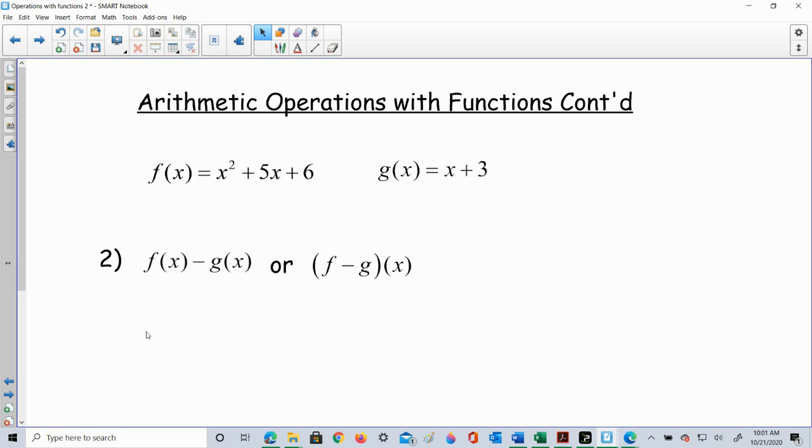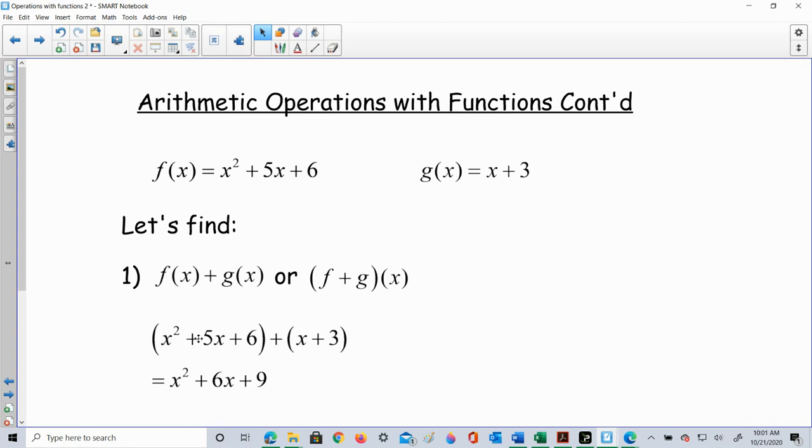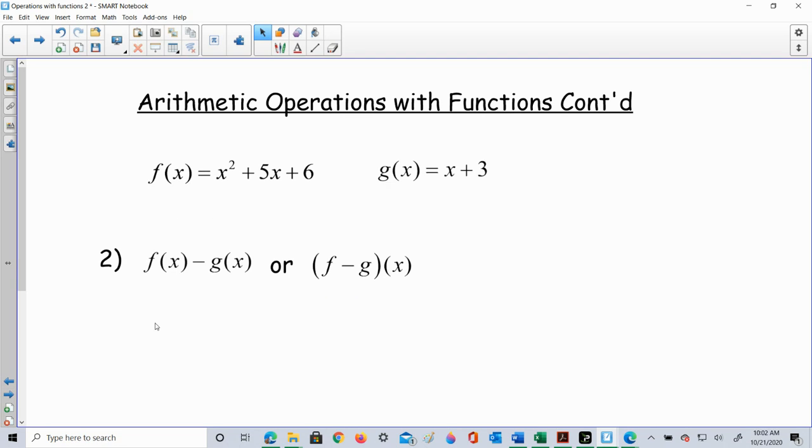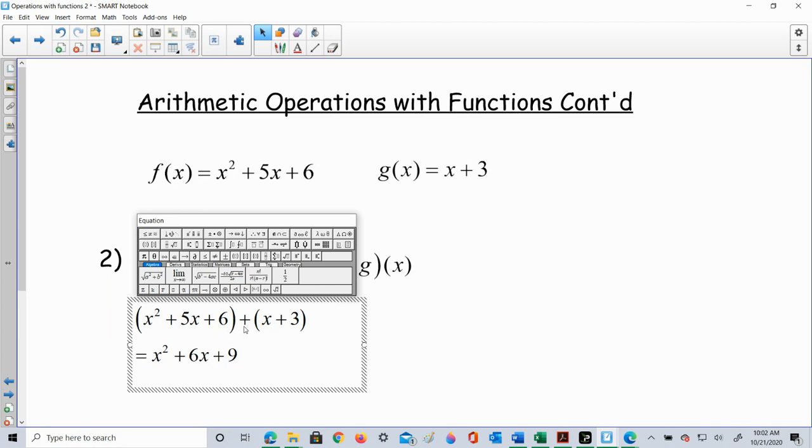So let's find subtraction. Let's see if I can just copy this and put it into here. All right, so this time we're going to subtract, right? We still have just that x squared.